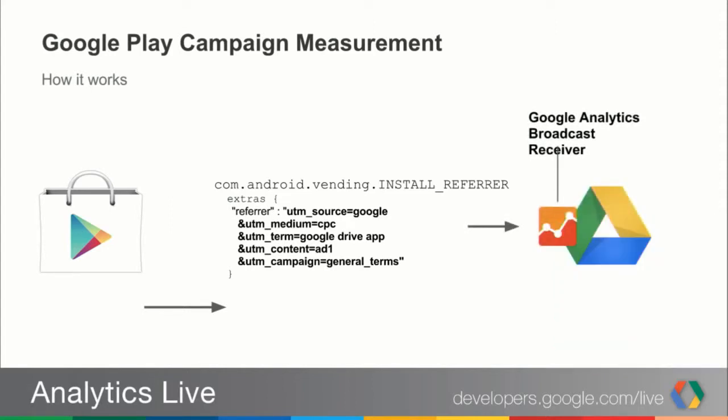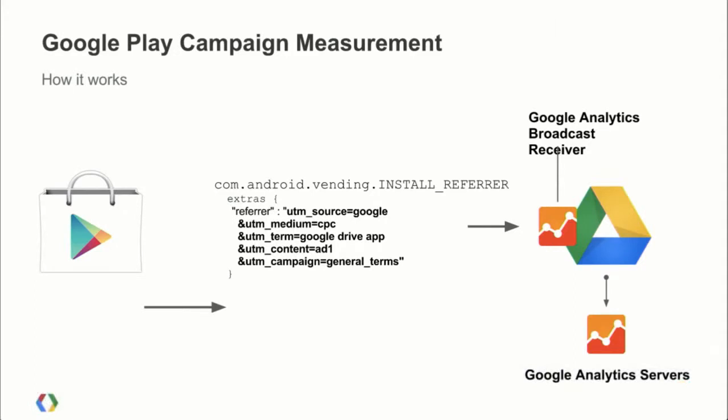So the way this normally works, if you do a standard GA implementation, is that you'll have an analytics broadcast receiver, and I'll show you how to implement that in a second. That's going to receive that intent and store that referrer information. Then when the app actually runs, the SDK is going to send that out with the first hit that's dispatched. And that's how your campaign information is going to get back to GA. Everything that the user does from then on is going to be attributed back to that original campaign source, whatever was in that referrer parameter.